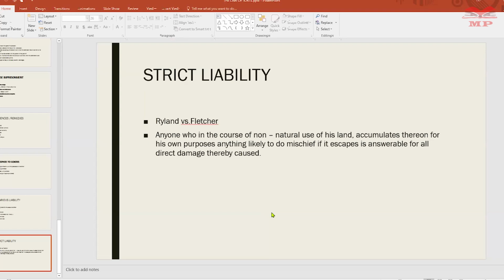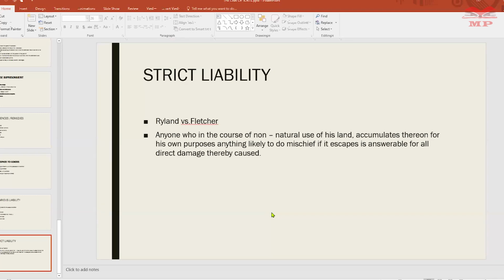We had talked about negligence being a very important part of tort law, where a duty of care was owed and a breach was done.